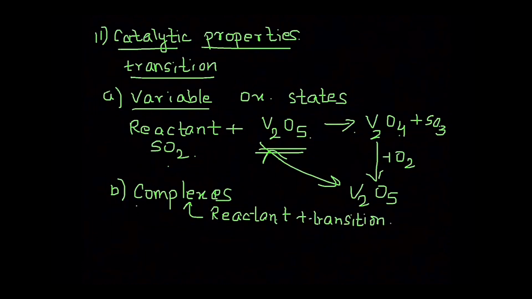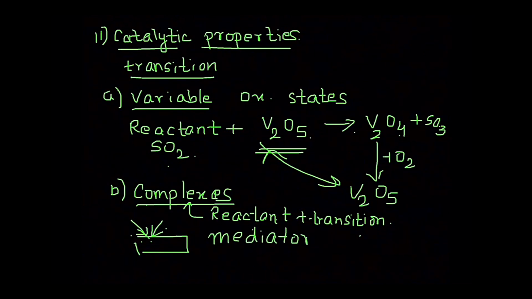But this complex, remember, is a temporary arrangement, and this complex is again capable of releasing the reactant in the form of a compound into the reaction mixture. So what is happening is this transition metal is only providing a temporary platform for the reactant molecules to come and be friends with each other. So it is only acting as a mediator.